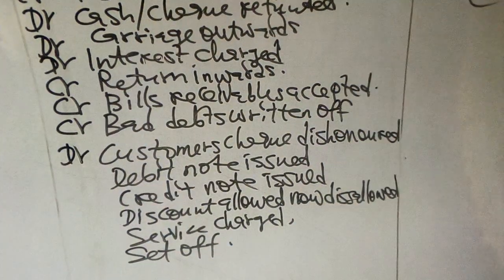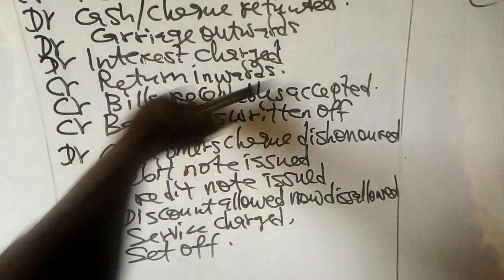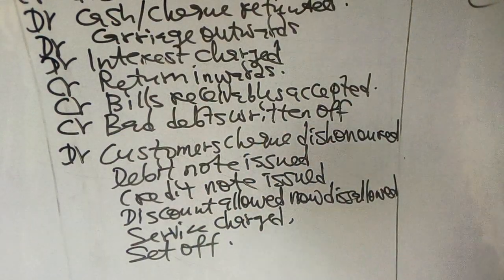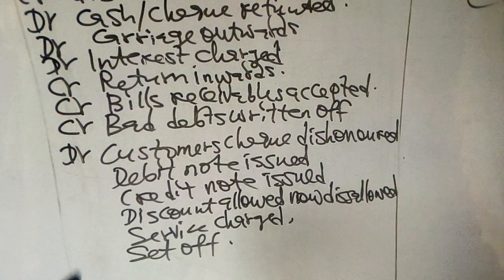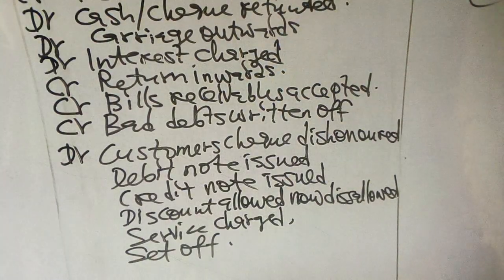Debit note issued. Where you issue a debit note to customers, that means you have debited the customer's account. Maybe the amount the customer has paid earlier is not up to what they ought to have paid, or maybe there was a miscalculation.